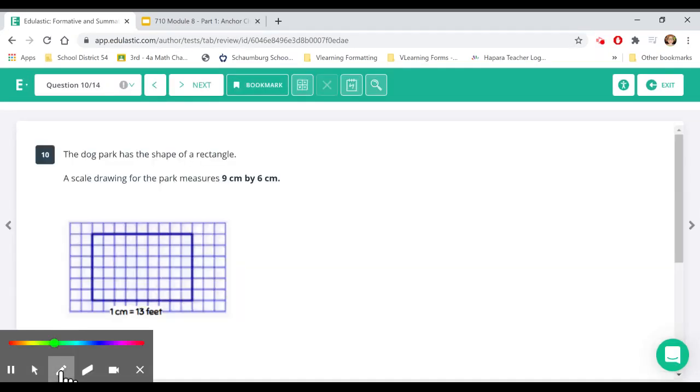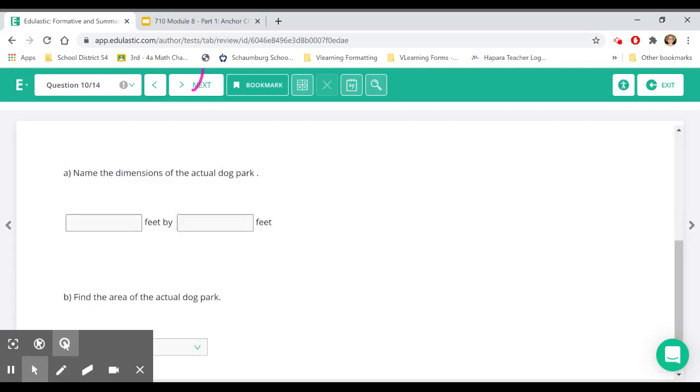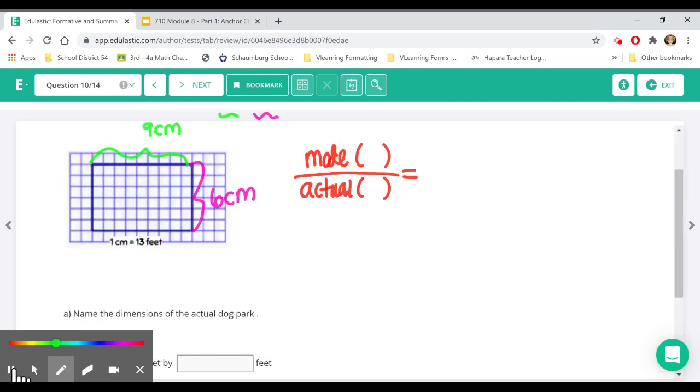Okay, question 10. The dog park has the shape of a rectangle. A scale drawing for the dog park measures 9 centimeters by 6 centimeters. Name the dimensions of the actual dog park and find the area of the actual dog park. Okay, it's always model over actual, and the model units look like it's centimeters, and the actual is feet because the scale is 1 centimeter is equal to 13 feet.